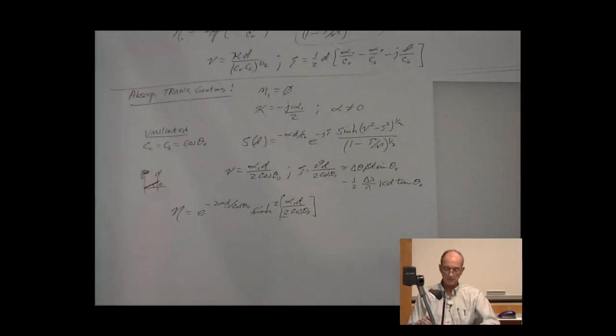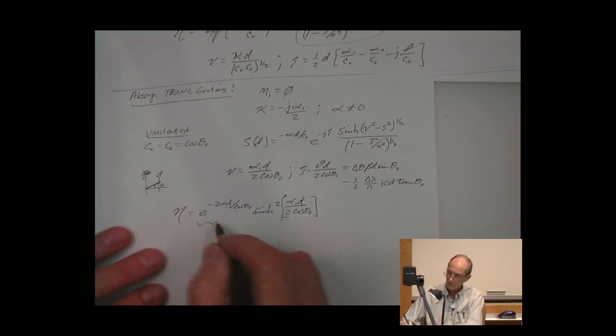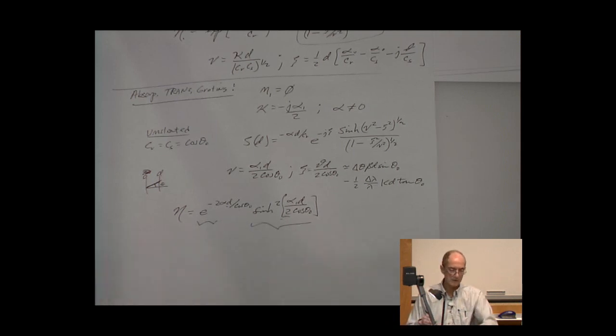Now, with this, there is an optimum efficiency, right? Notice here we have two functions. We have a decaying exponential, and we have this hyperbolic sinh function. So we have the product of those two.